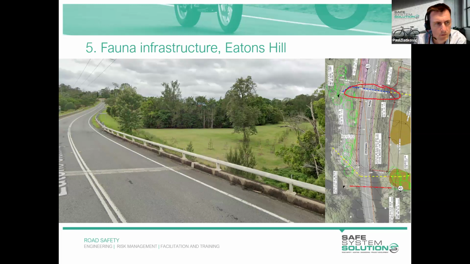I think that's the blue stuff up there, and it runs through the bank, probably where those trees are. There is a fauna rope bridge under this bridge, that red line here, which is under there somewhere, and there's also some fauna fencing parallel to the road, and another post and rail fence under the bridge as well. So there's a bit going on there.